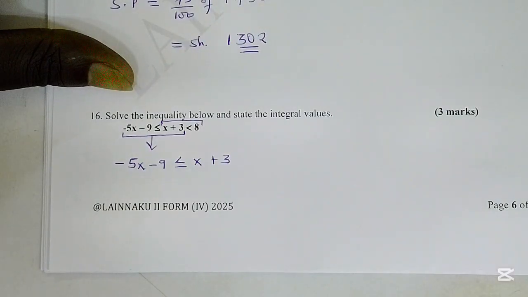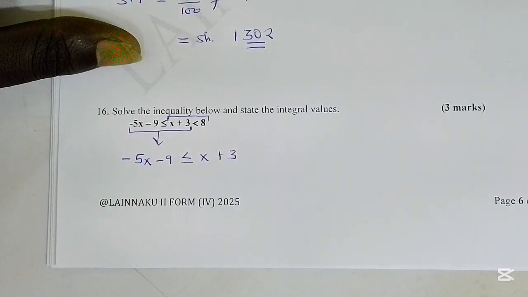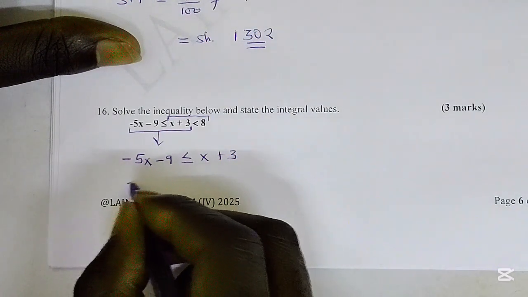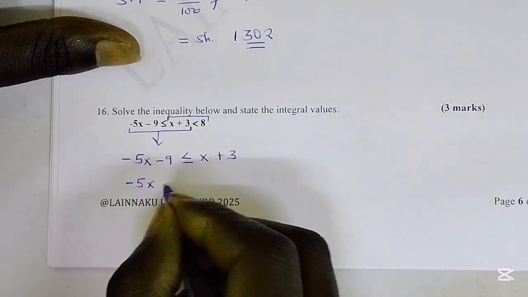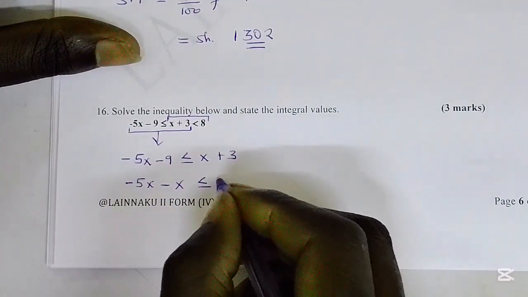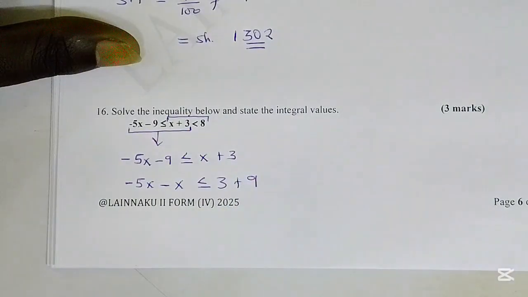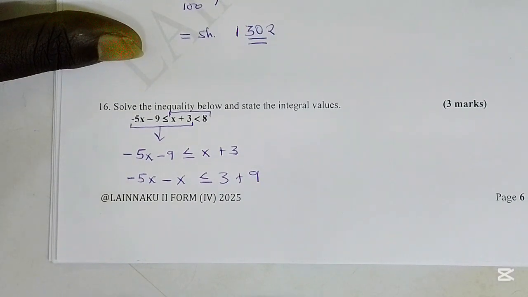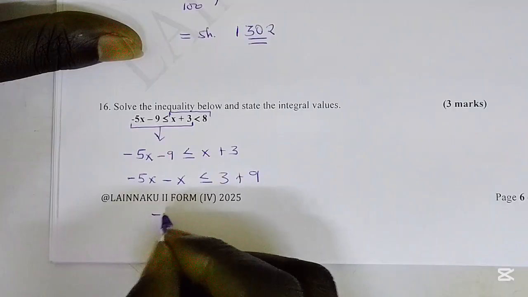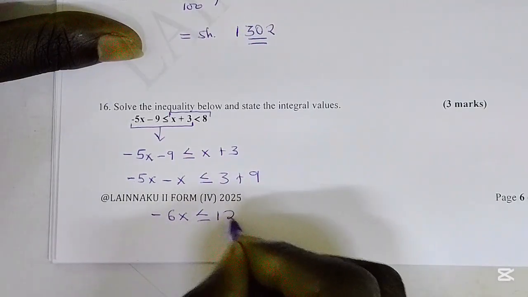Take x to the left hand side, so it becomes negative 5x minus x is less than or equal to 3, take 9, so plus 9. This simplifies to negative 6x is less than or equal to 12.